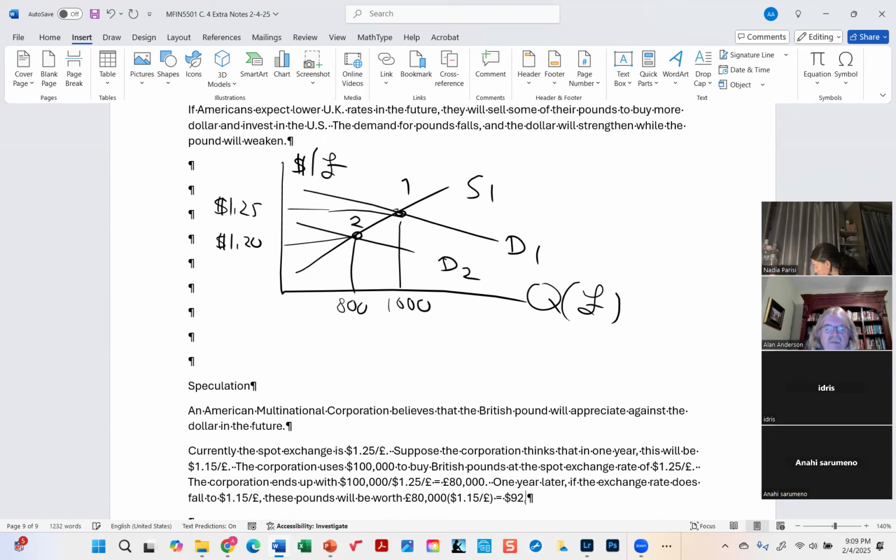So in other words, that proves to be a mistake because we end up losing $8,000.